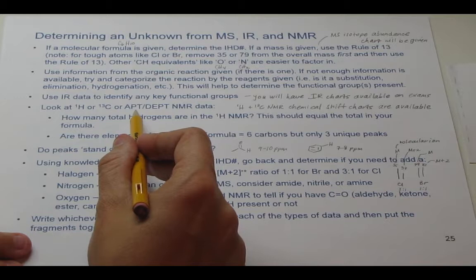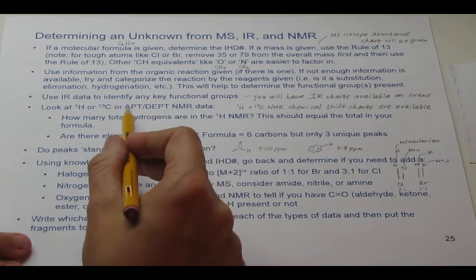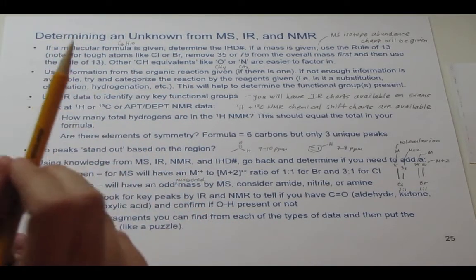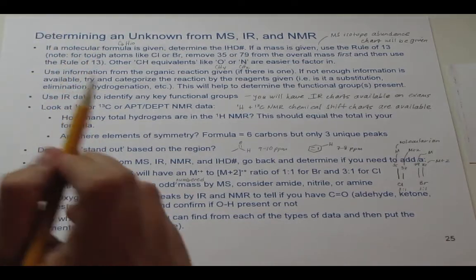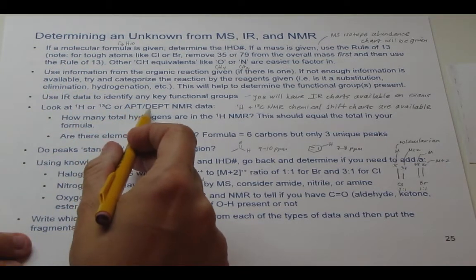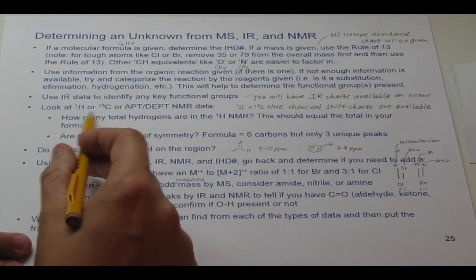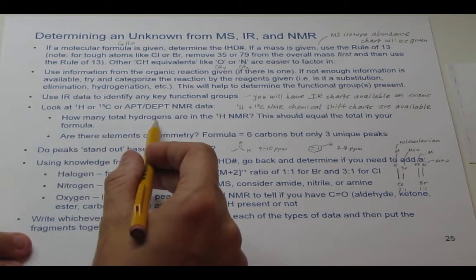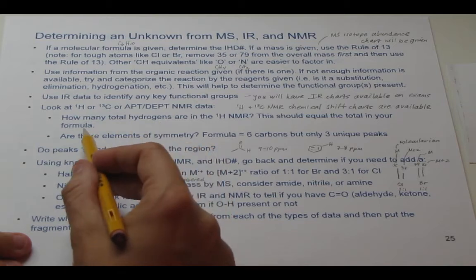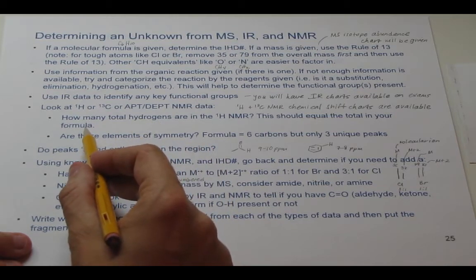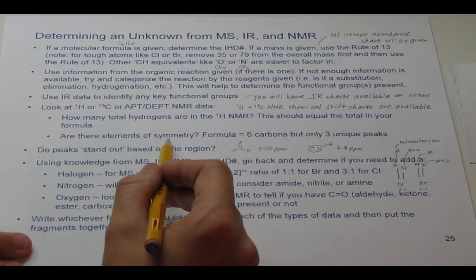APT and DEPT told us the difference between CH2s, those were pointing down, CH and CH3 were pointing up, and quaternary carbons did not show at all. You also want to use information about these to tell how many total hydrogens are in the molecule. This should equal the amount in your formula, and if there's symmetry or not.